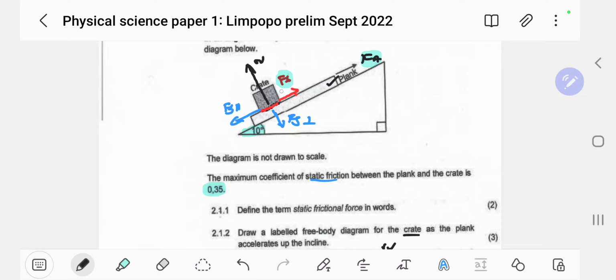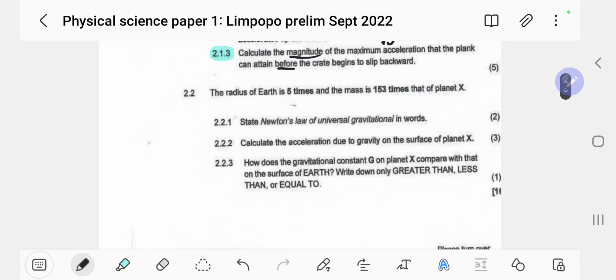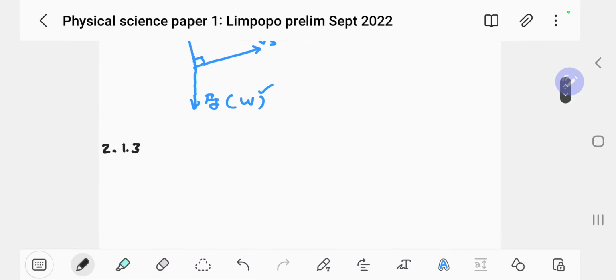So we can decide to work on this frictional force against this Fg parallel, because if these two are equal and we're focusing on the crate, we can just use the crate to our advantage. So we are in a good position here. If we resolve our crate into this structure, we have our Fs against the Fg parallel of the crate.